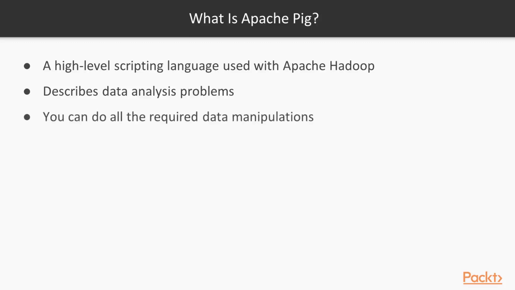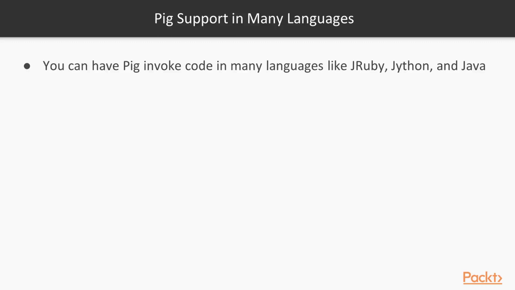Pig is complete in that you can do all the required data manipulation in Apache Hadoop with Pig. So all tools that are available using the MapReduce API are also translated to Pig. Pig code can be invoked by many languages like JRuby, Jython and Java. Also, you can execute your scripts in other languages.